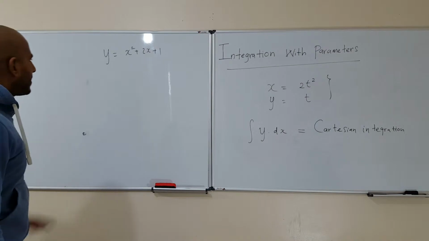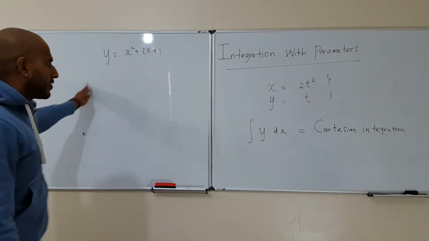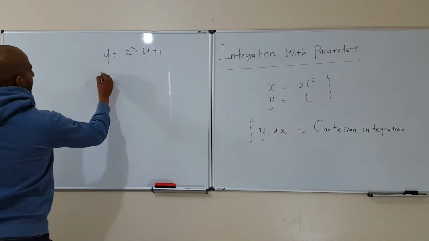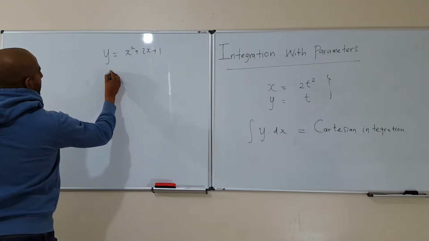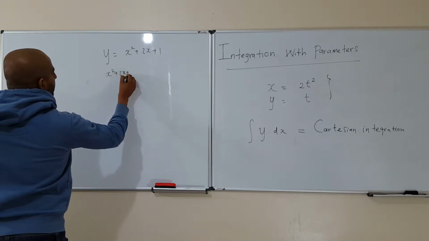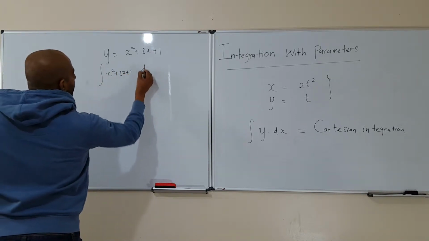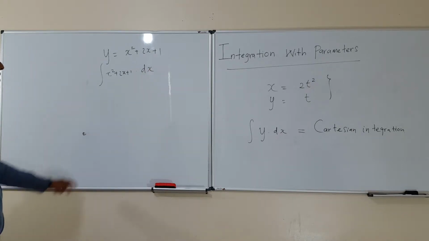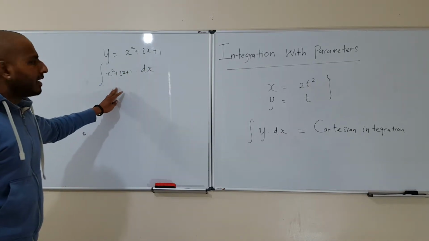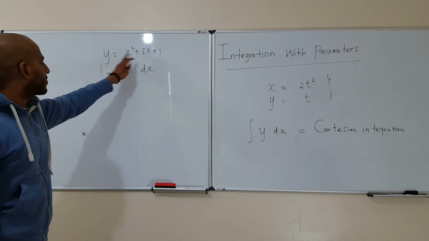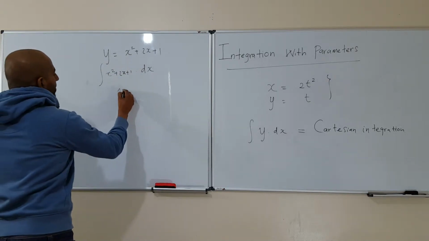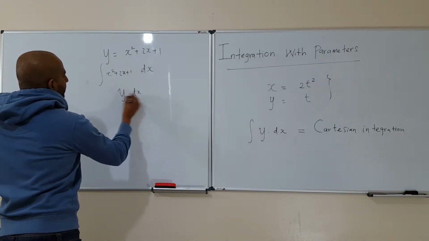They're going to ask us to integrate this function. So you would integrate x squared plus 2x plus 1 in terms of dx, aren't we? Or you can say, because that is equal to y, I'm doing the same thing, y dx.